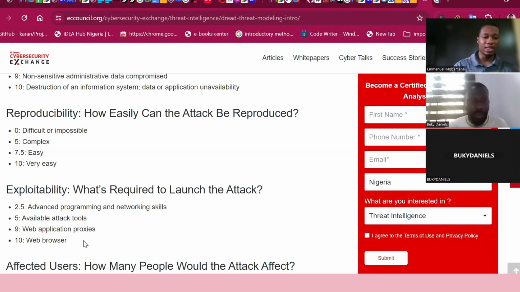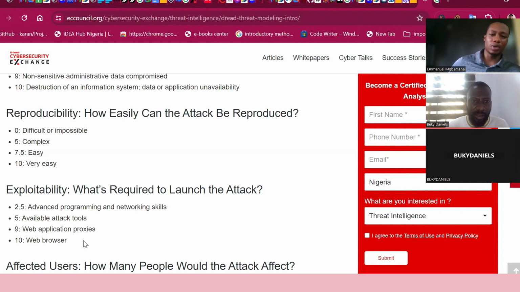I think that's my thought, because definitely you have to have available attack tools, maybe using Metasploit or any other tools that are available. If we don't have any available attack tools, we'd have to start creating one. But in this case, to exploit it, you need available attack tools.